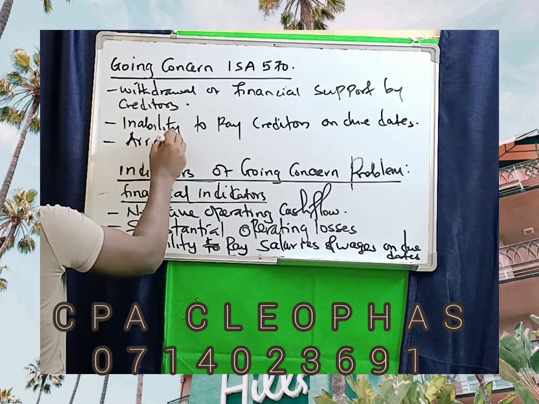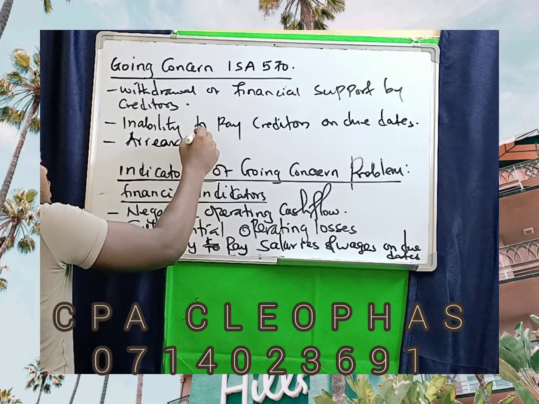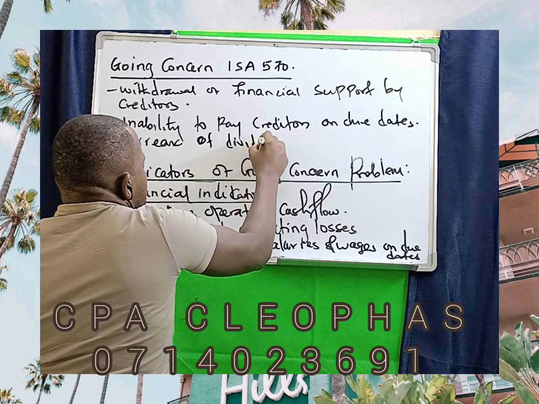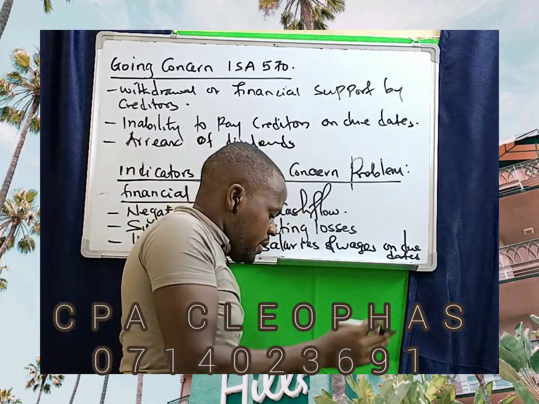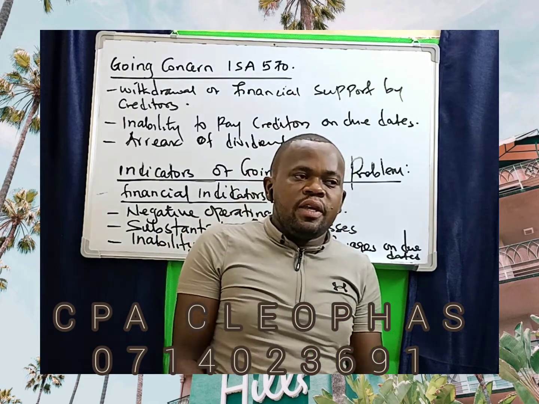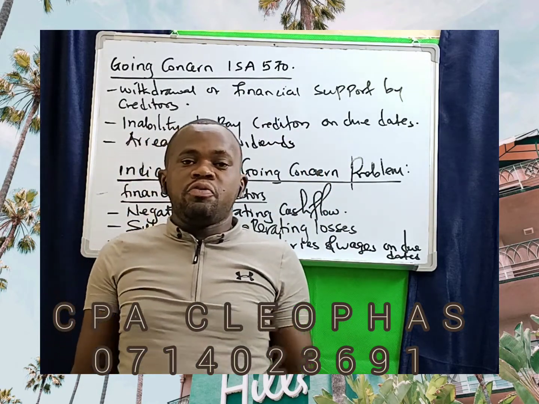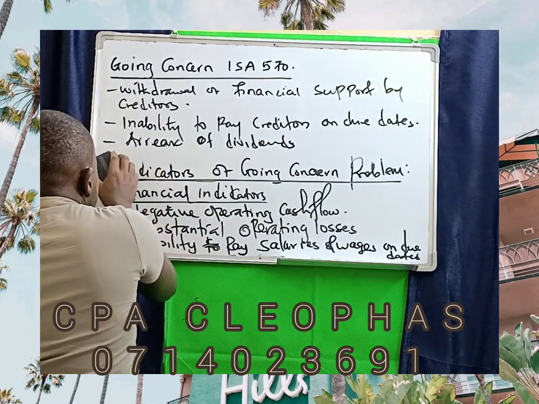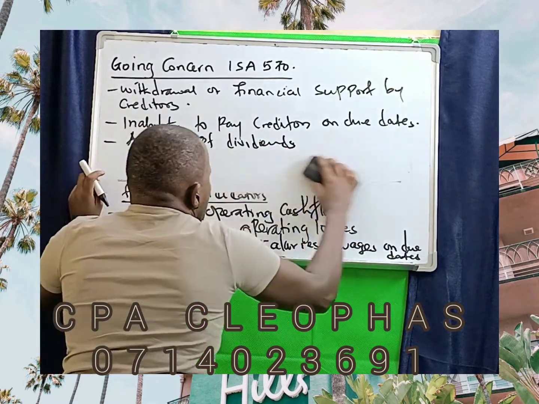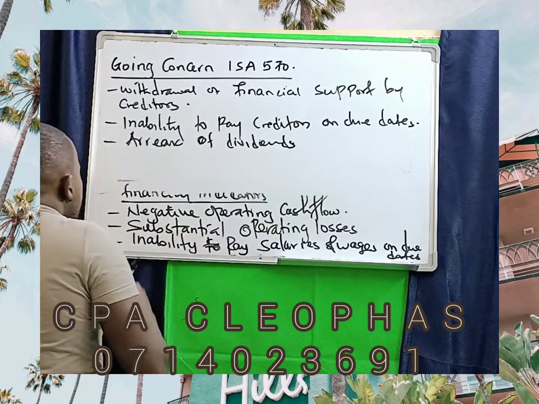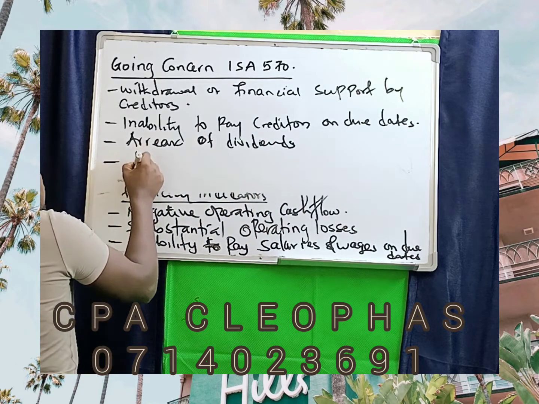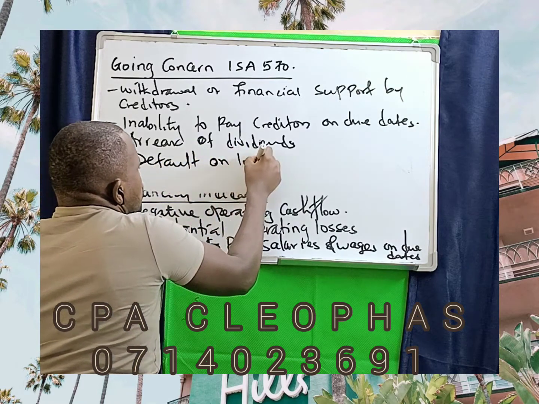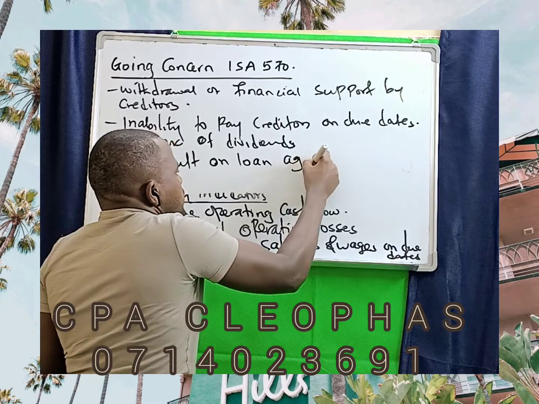Arrears of dividends, mostly preference dividends: if the company has not been paying dividends and preference shareholders have not been given their dividends, it's also another threat. Also default on loan agreements, where you are a defaulter.